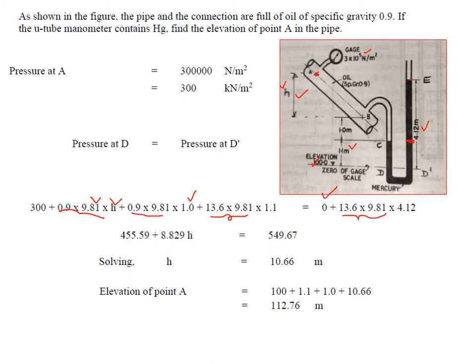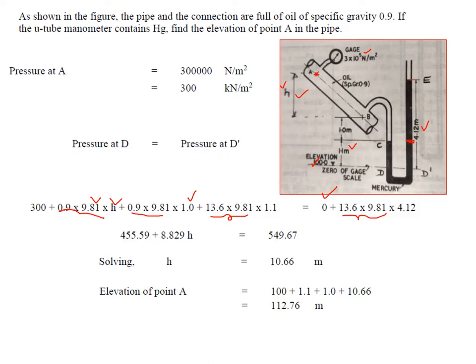Then only we can write pressure at B as pressure at A plus, because we are moving downwards, the specific weight of what is flowing, oil, 0.9 and 9.81 into H. So now we have come to point B. From B to C, since oil is flowing, again the specific gravity is 0.9 into 9.81.